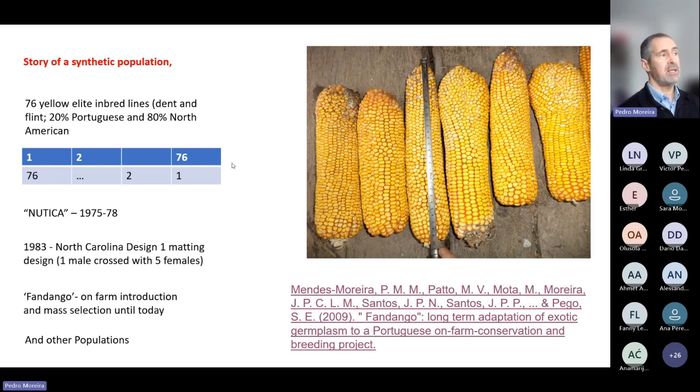The selected ears were kept, and you did this again for the second year. Obviously, in this case you didn't have the inbred line, but you already had a hybrid, with the maternal origin, but you don't know the male origin because it was open pollinated. So you have the hybrid.